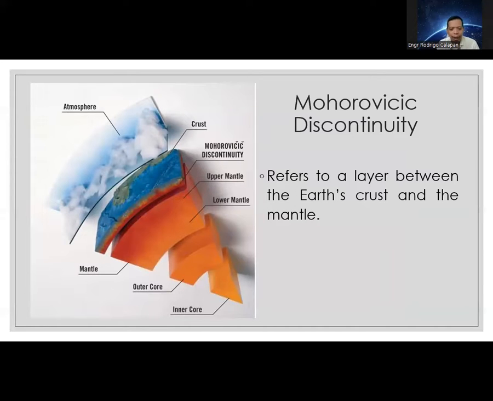In Earth physics, the Mohorovičić discontinuity refers to a layer between the Earth's crust and the mantle. From a geochemical perspective, it is the depth of land from the outermost surface of the planet.